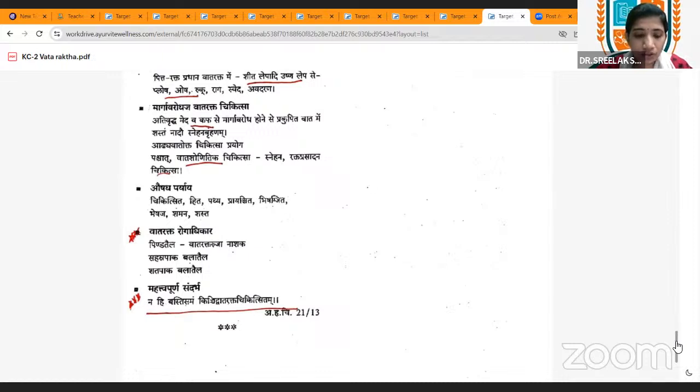Okay. Whereas Buddhaga Padma is indicated for Vata Asra plus Daha. So whenever Daha is associated with Vata Rakta, then Buddhaga Padma Taila is indicated. Okay. Then Vata Asra along with Jwara, we can give Mahapadma Taila. Okay. So this is also an important point.